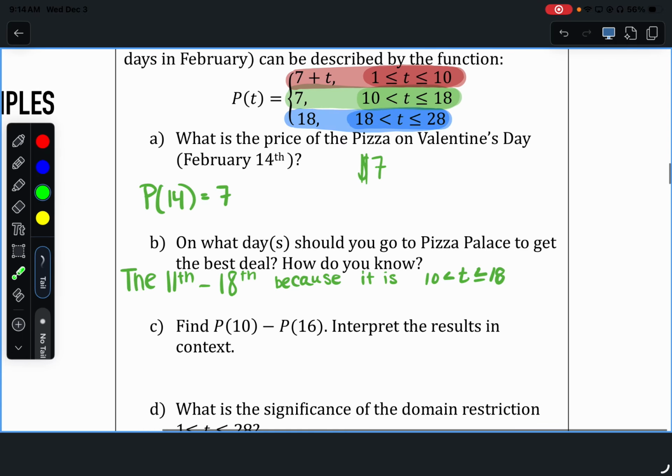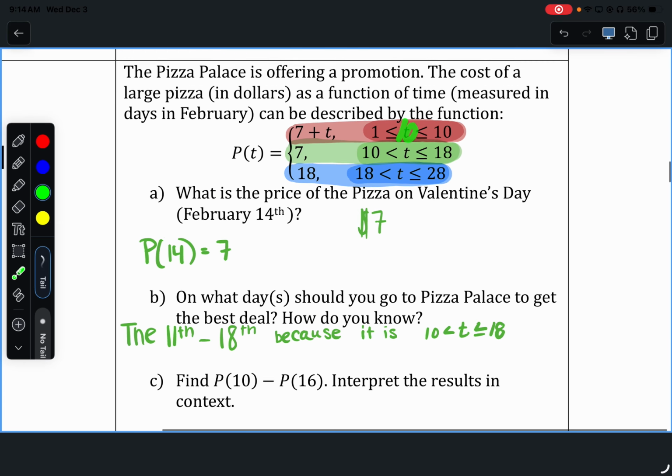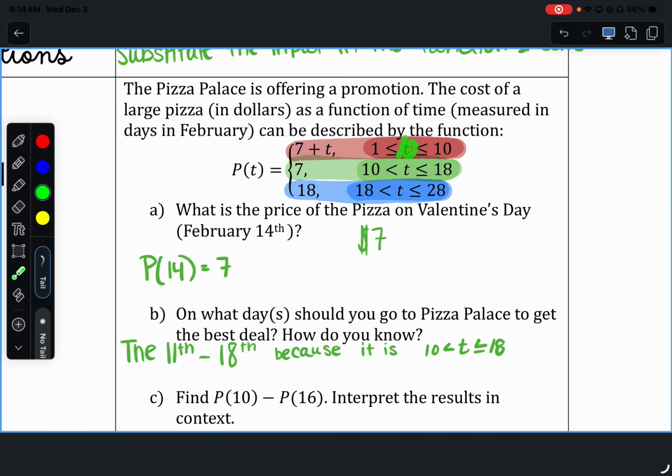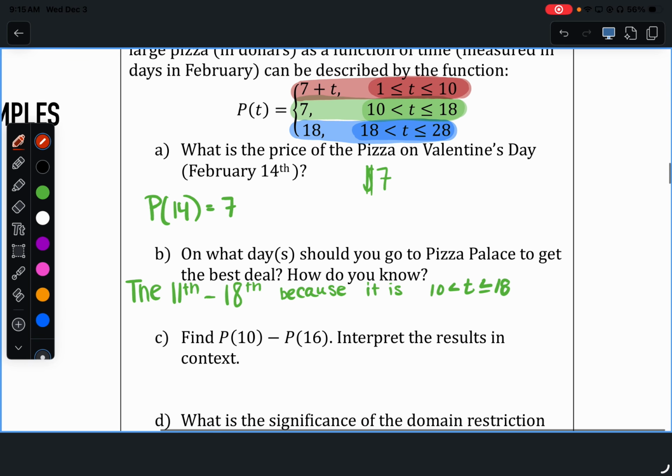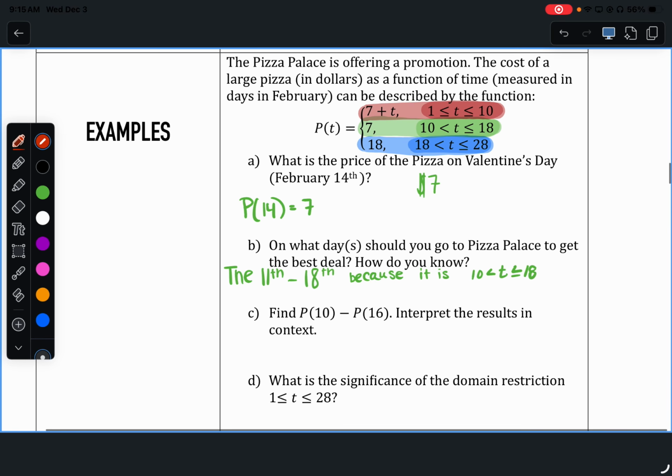Up 1 over 1. And how long does it go up 1 over 1? Till it gets to what number? 10. And at 10, does it get an open or a closed circle?